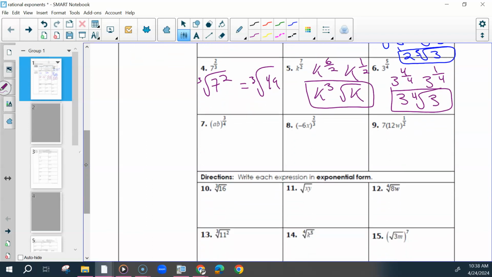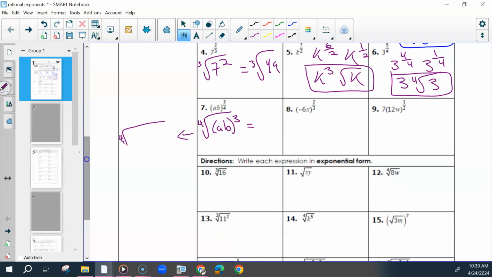The fourth root of parentheses AB to the third power. And then we have to multiply all of our exponents, all of the 3's. So that would become the fourth root of a to the third, b to the third. That is the answer. 4 doesn't go into 3, so that is as simplified as possible.